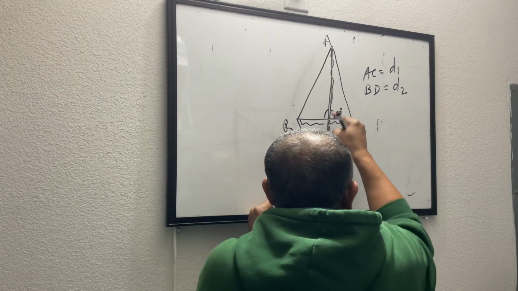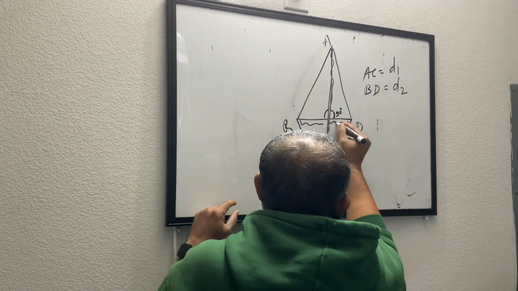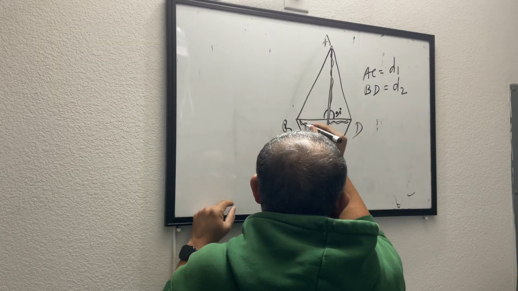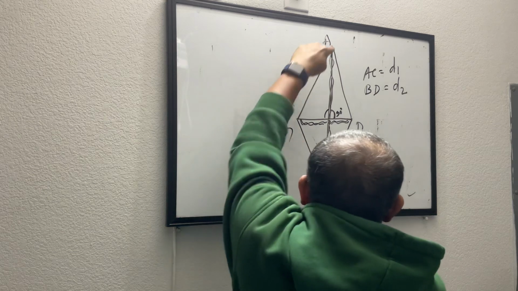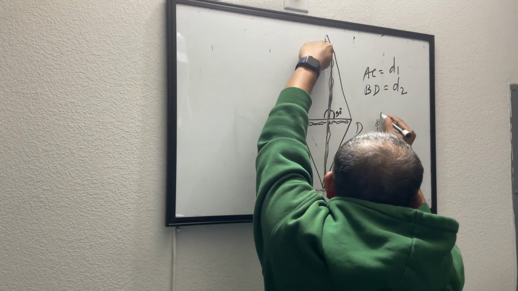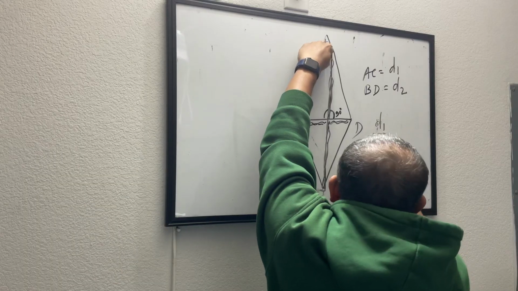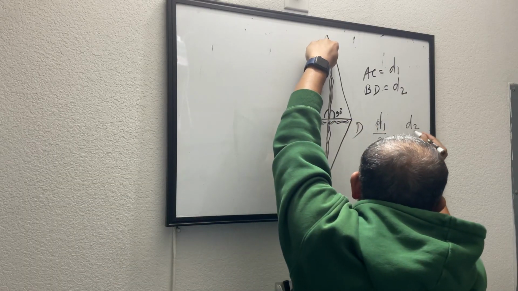As you can see, these four are all equal. If A to C is D1, then here to here will be D1 by 2. Here to here is D2, so this will be D2 by 2.